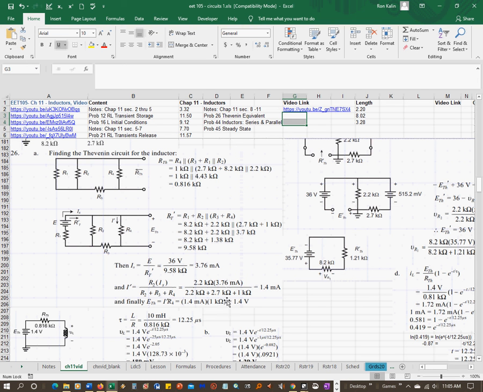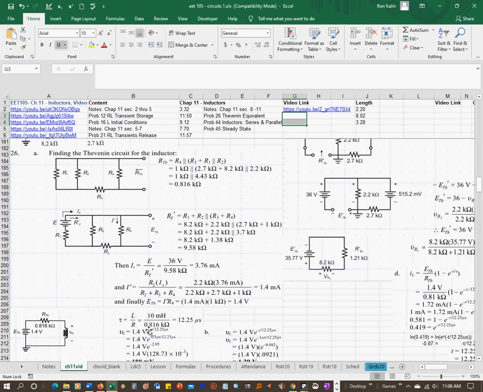So you do that math and you end up getting 1.4 milliamps. So E Thevenin is the voltage across R4, which would be I prime times R4, which ends up equaling 1.4 volts. So that was the Thevenin portion of the problem.